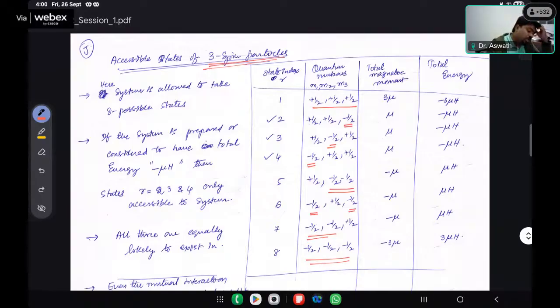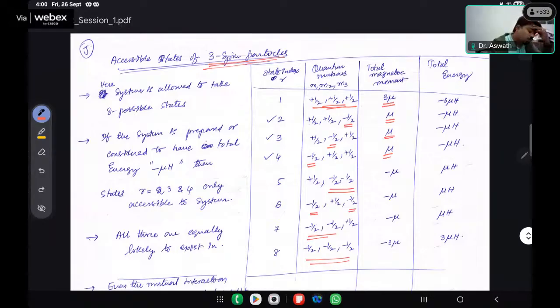Okay, now as we saw, what is the total magnetic moment? All of them contribute equally with a positive sign, so we have 3 magnetic moment values, 3 mu. If one of them is negative, that will nullify one of the others, and we will have a resultant magnetic moment mu in the next 3 cases.